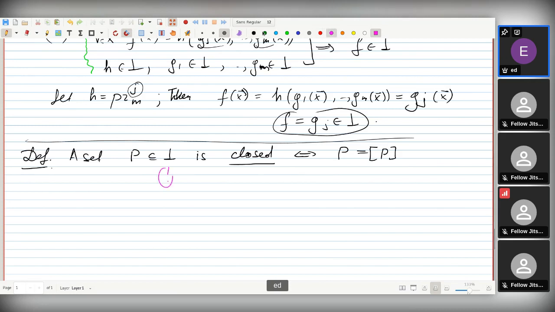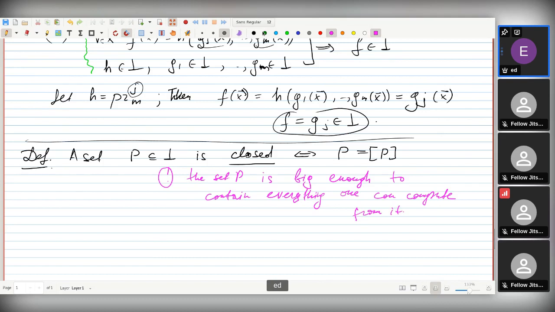That means that the set P is big enough to contain everything one can compute from it. So this set contains all functions you can obtain from it via programming, via constructing circuits. Is this idea clear?